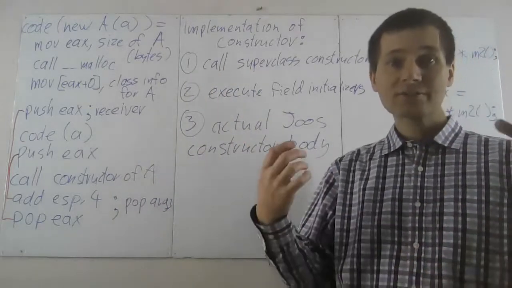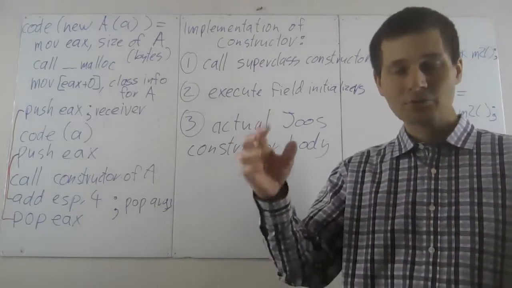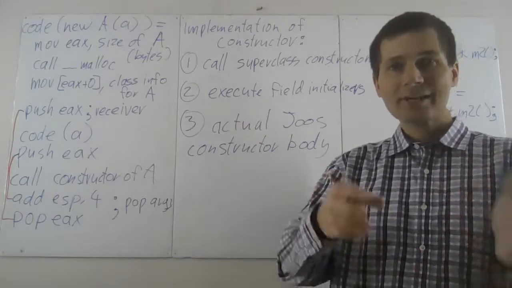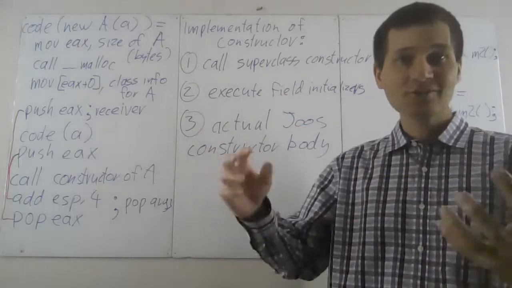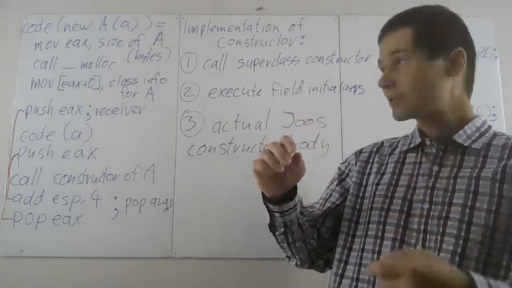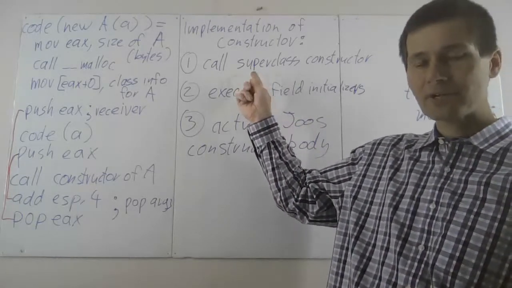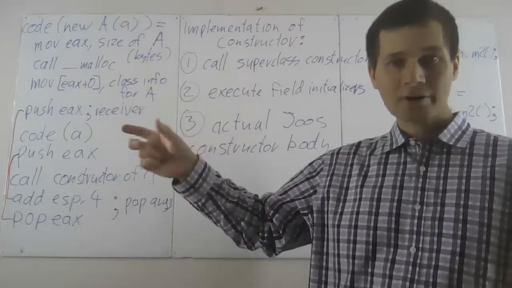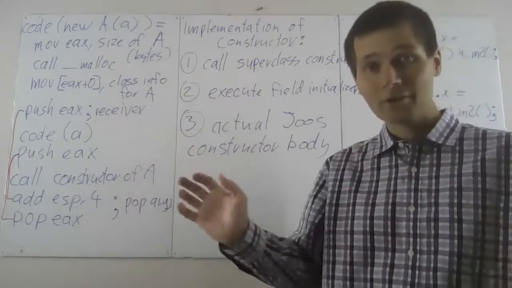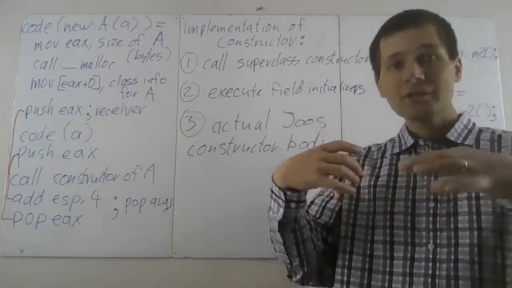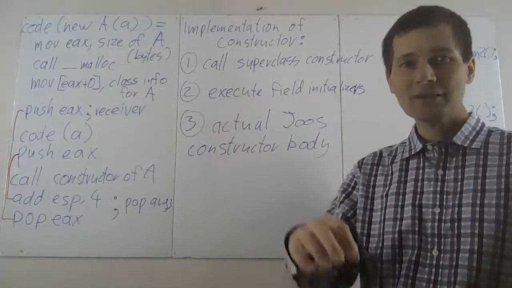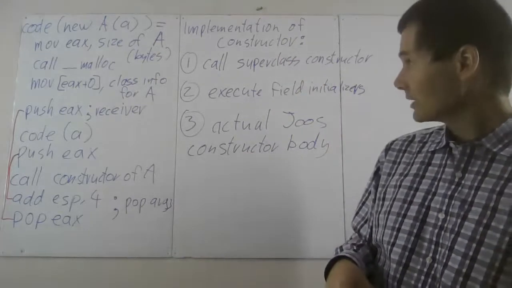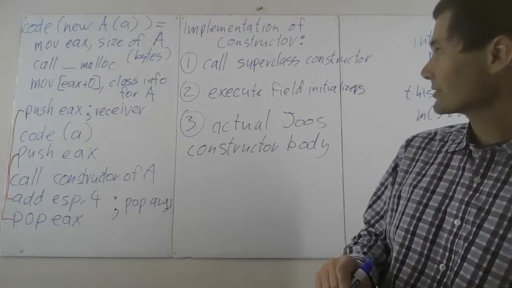In Juice, things are simpler in that there are no super calls, so you can't explicitly say that. Java says that if your constructor doesn't start with super, then you're still going to call a superclass constructor, the one that takes 0 arguments. In Juice, you can't override that default behavior because there are no super calls, so you always call the 0 argument superclass constructor.